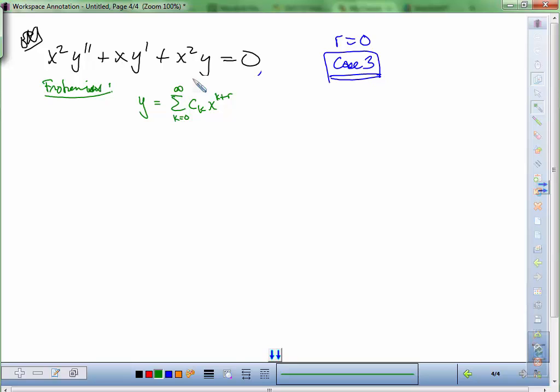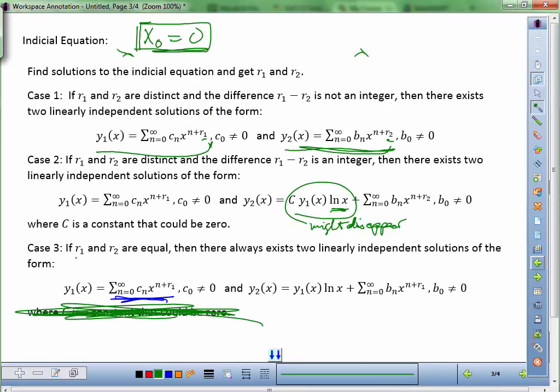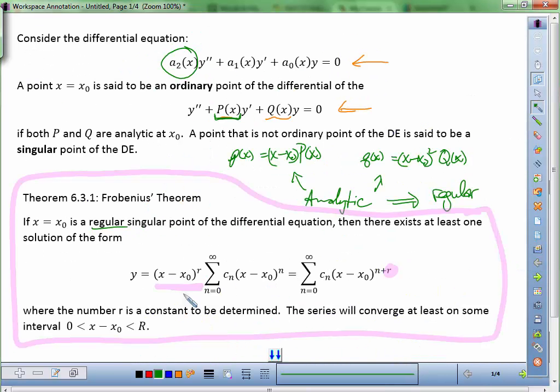Okay? So this is from Frobenius' theorem over here, where x naught is equal to 0. And like I said, all the problems we're going to do have x naught equal to 0, so we don't need to mess with it.